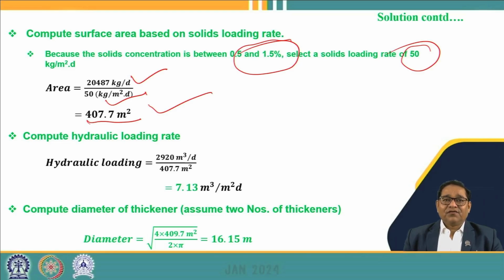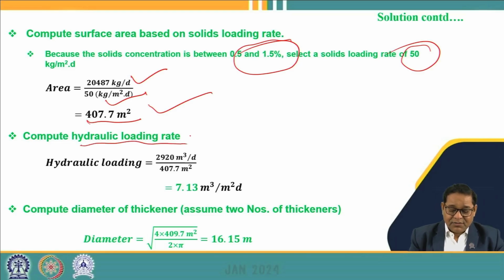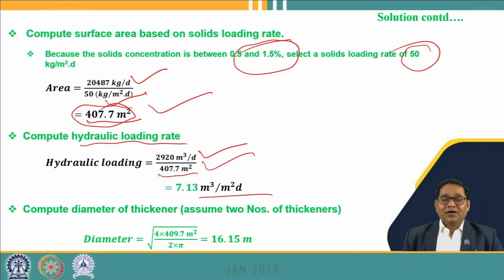We have to check the hydraulic loading rate, because the system must also comply with the hydraulic loading rate. Here it is again the total flow divided by the surface area. The total flow we know is 2920, and if we divide by the surface area we have got here, we get a hydraulic loading rate equal to 7.13.